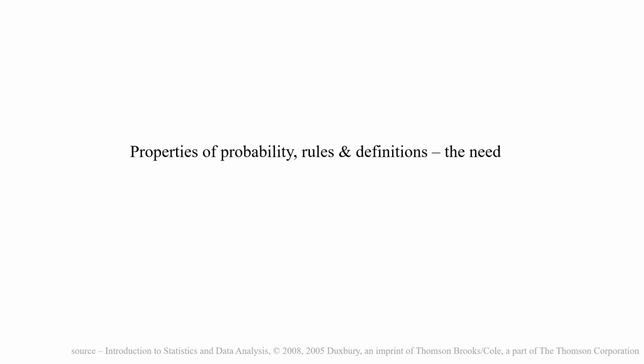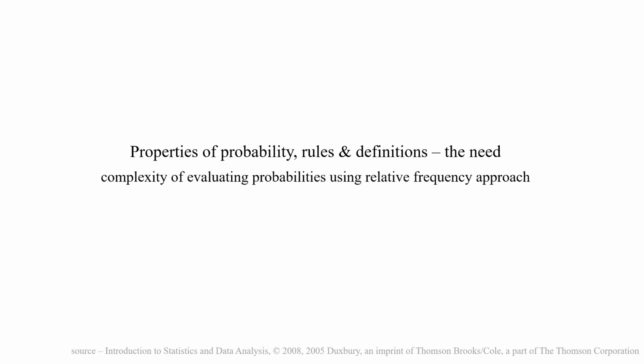What's the real need to understand the properties of probability, rules, and definitions? Given the complexity of evaluating probabilities using the relative frequency approach, especially for not equally likely outcomes, one can imagine that the effort required in evaluating probabilities for complex events can be huge.